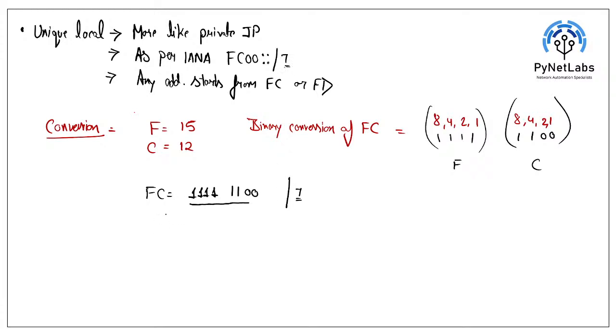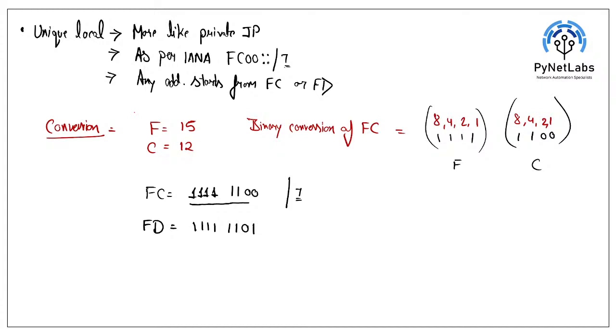If you go with the equivalent value, the conversion can be 1111 1101, which gives you the scenario of FD. So whenever any IPv6 address starts from FC or FD, that means it is unique local, and that address is considered a private address.